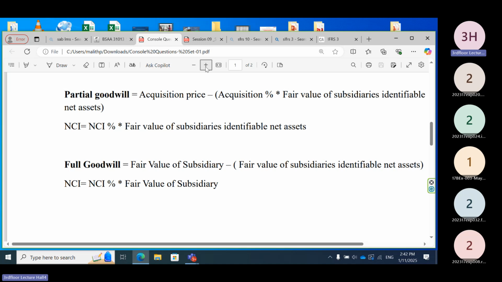Here we have taken the NCI book value. Why? We discuss how the NCI will be reflected depending on whether you are calculating proportionate goodwill or full goodwill. Here we have taken the book value.